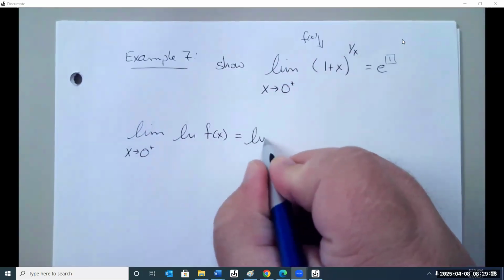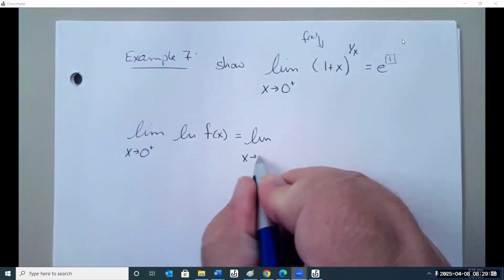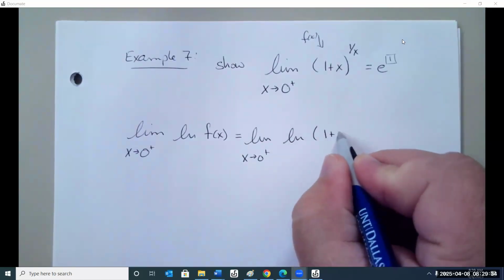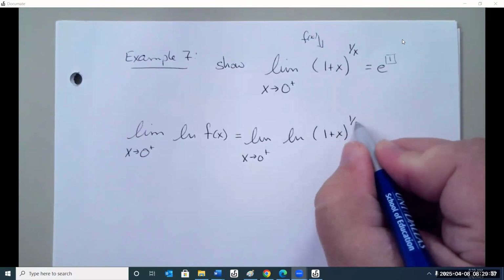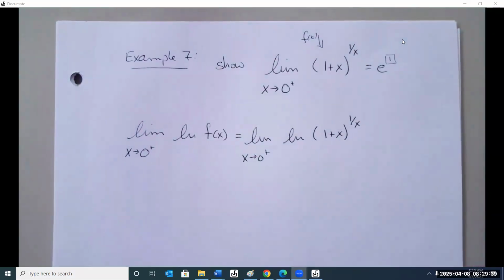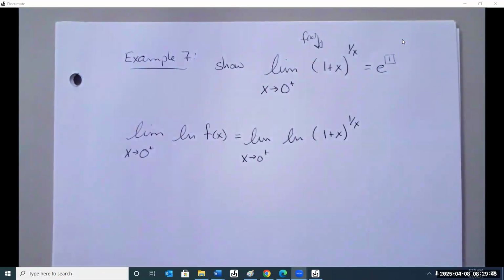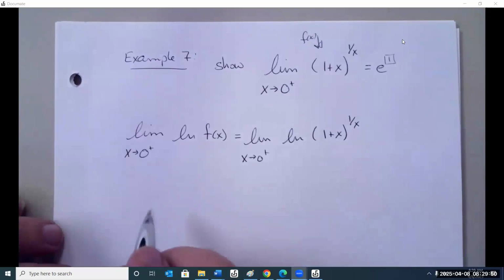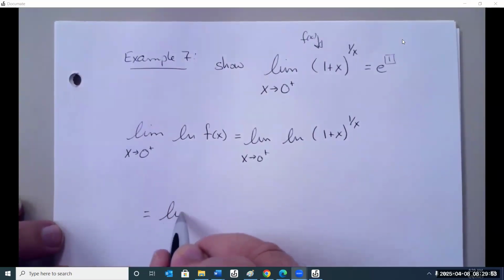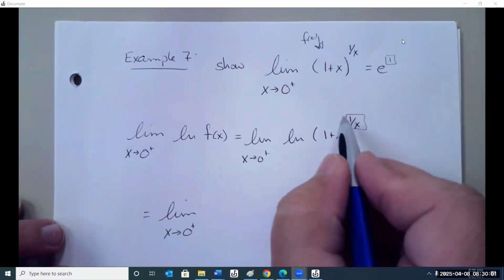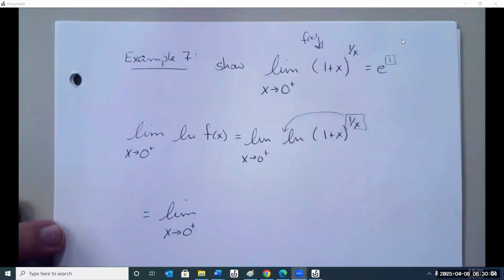So we have the limit as x approaches 0 from the right of ln of 1 plus x to the power 1 over x. Because that's our function. All right, using the properties of logarithms, when you take the ln of something, you can't have an exponent. So the exponent comes out in front of the ln.